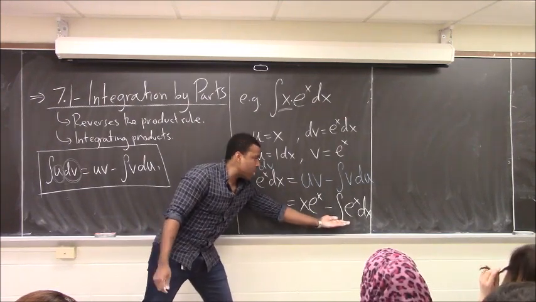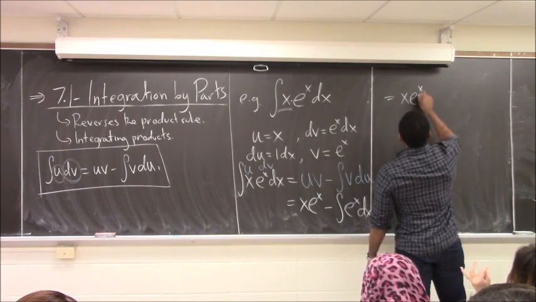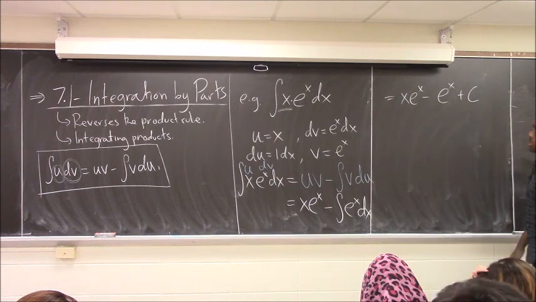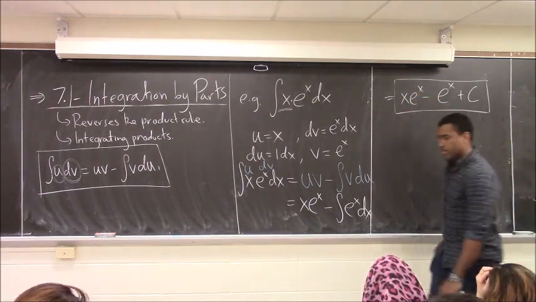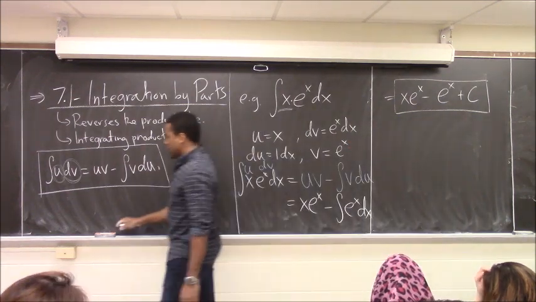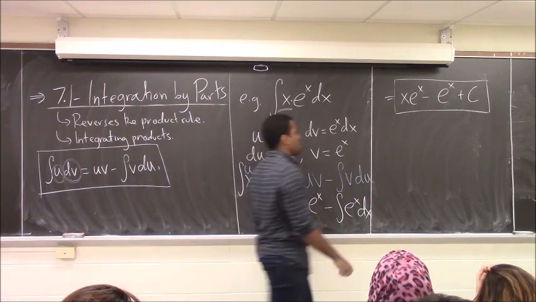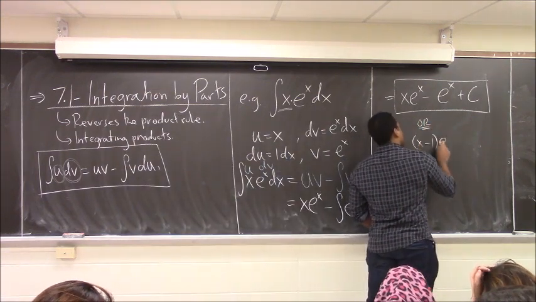A basic rule we have actually helps us find that. Integral of e to the x is e to the x. And that's our answer. So the integral of x e to the x is that guy: x e to the x minus e to the x. Or, I don't particularly care, but you can factor out an e to the x if you want.